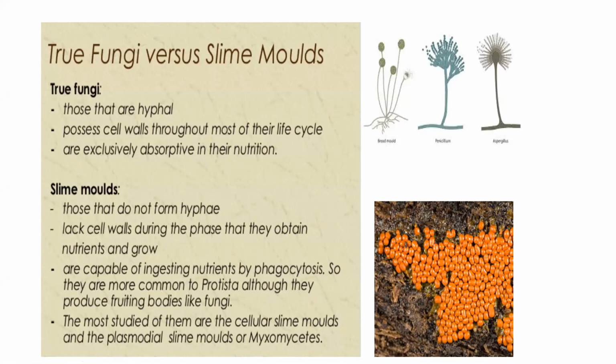Fruiting body means the part of the vegetative body that bears the spores. Like this is a fruiting body for Aspergillus. This is the fruiting body for Penicillium. Okay, this is the fruiting body for Mucor. You have mushrooms. You would have seen mushrooms, you would have seen Agaricus.